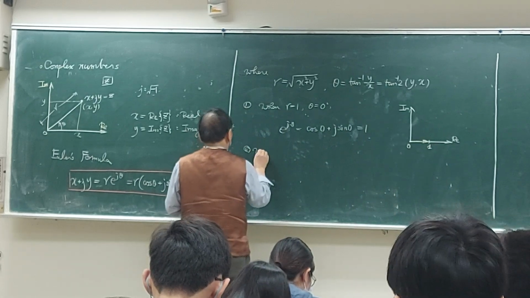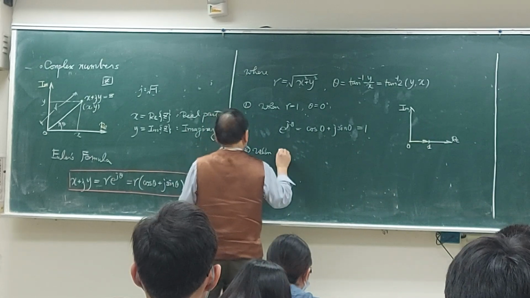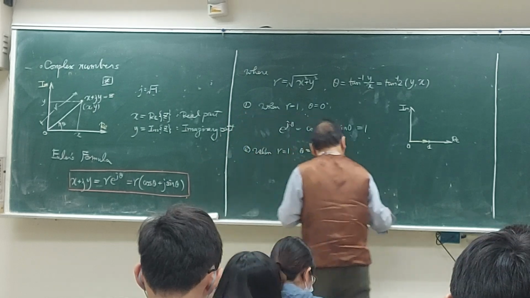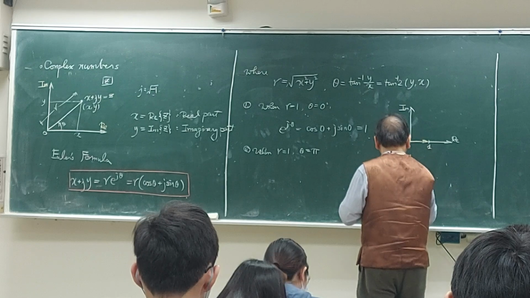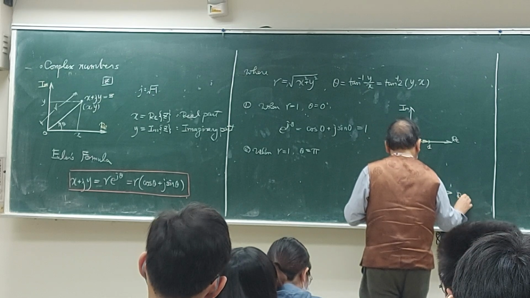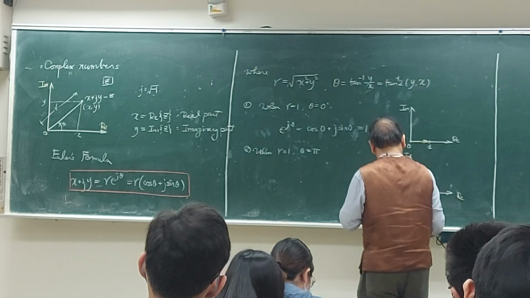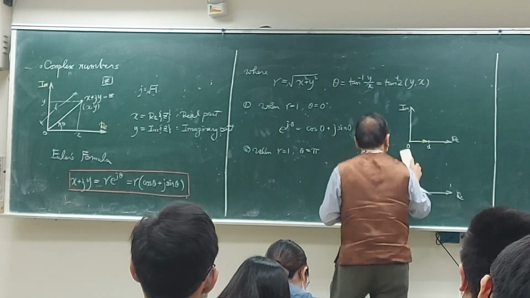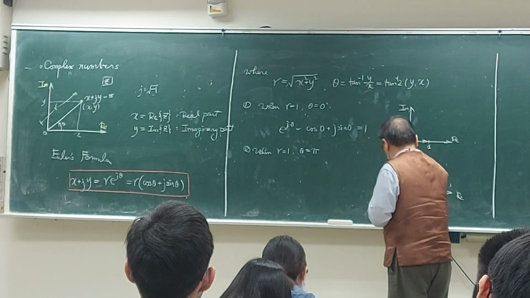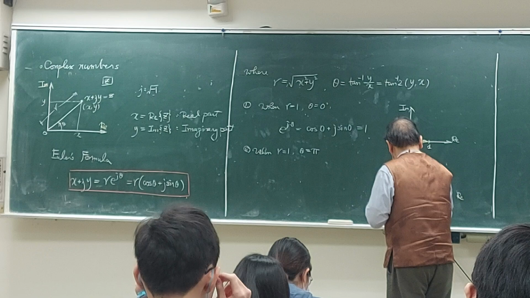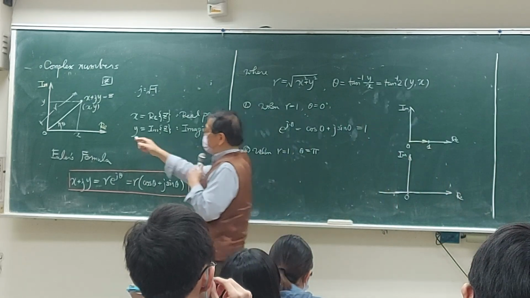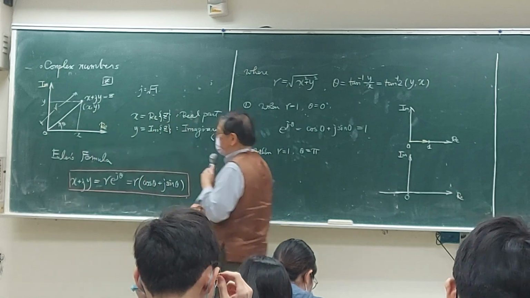For case number 2, when r is 1 again, but theta equals pi. So when r equals 1, theta equals pi, the angle is pi, or the argument is pi.